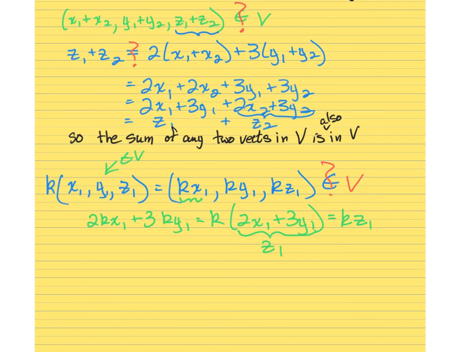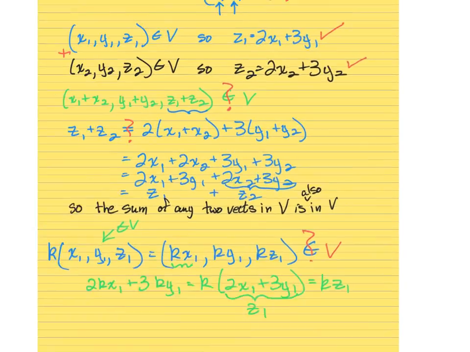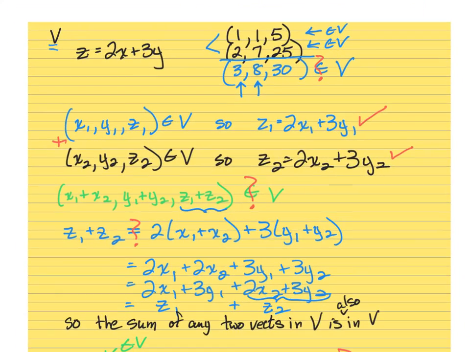And therefore, that represents a subspace, because it's closed. That V, which is described by this rule, the z coordinate equals 2 times the x coordinate plus 3 times the y coordinate, is a subspace because it's closed under addition and closed under scalar multiplication.